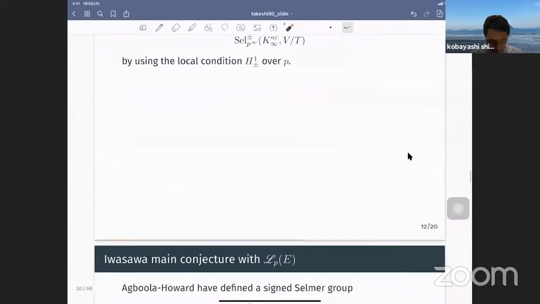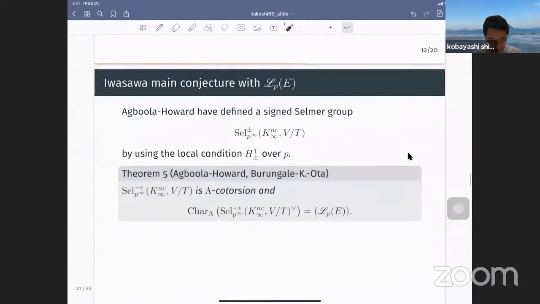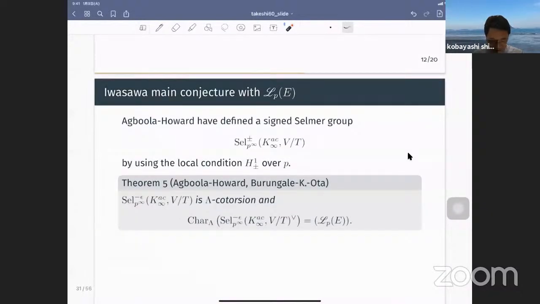And Agboola and Howard proved that the Selmer group minus epsilon is a lambda quotient. Plus epsilon has lambda rank 1, but minus epsilon is finitely generated and a lambda quotient. And the characteristic ideal is generated by Rubin's p-adic function. But Agboola and Howard assumed Rubin's conjecture. Now, we solved Rubin's conjecture.